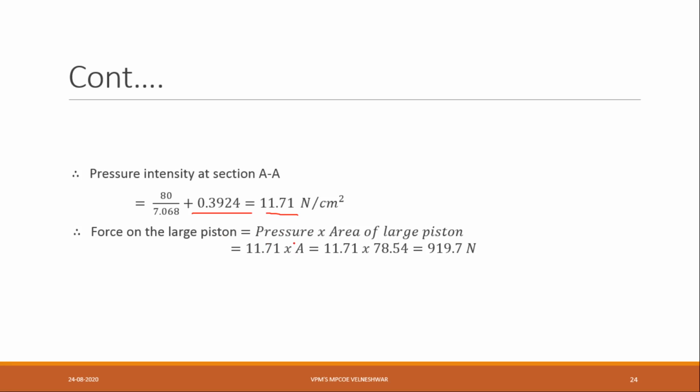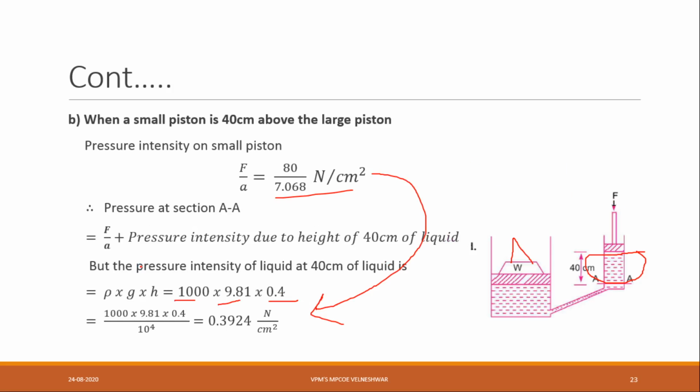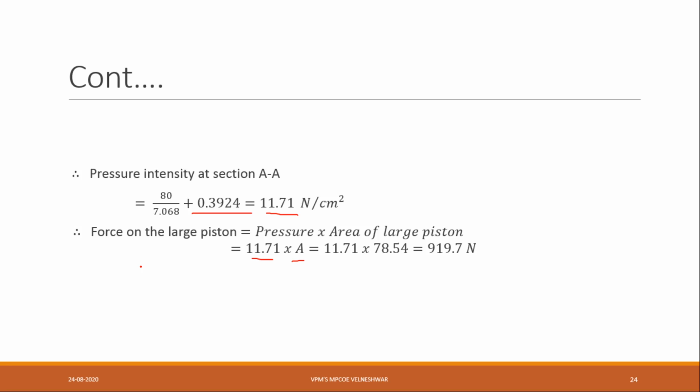Now force on large piston is equal to pressure into area of large piston. The pressure we got is 11.71 into area 78.54. So I am getting 919.7 Newton.